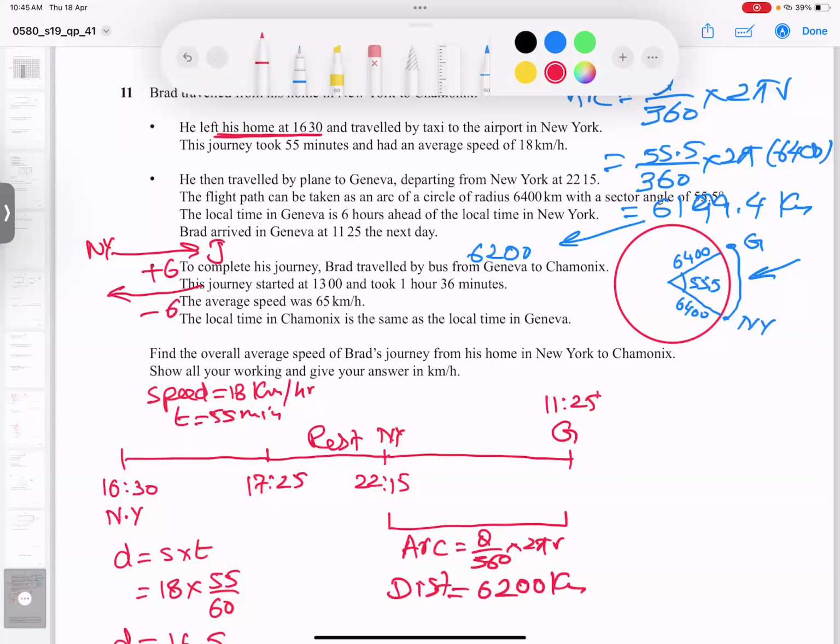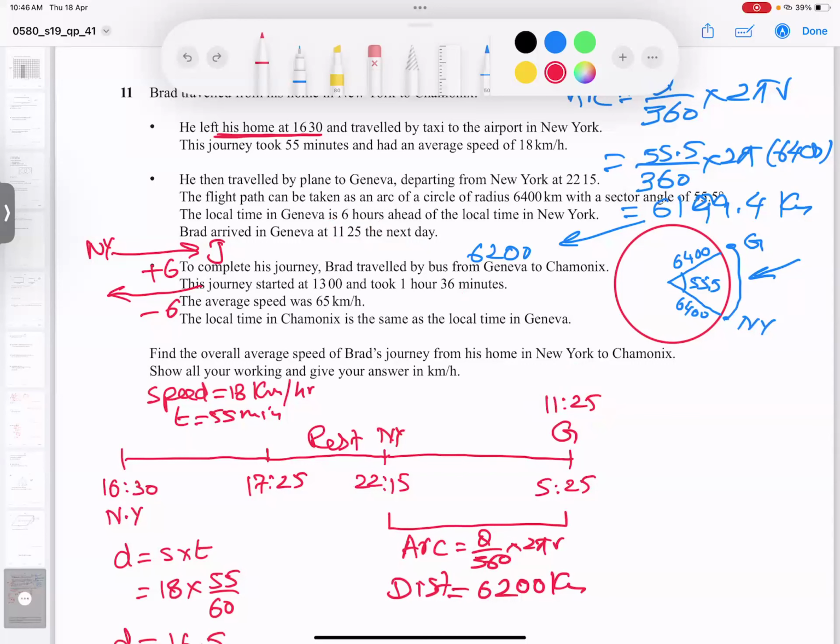So from this time if I subtract 6 hours, I get 5:25. I subtracted 6 because I want to keep in touch with our New York time. I think this is clear. Geneva time is this one arriving, but I subtracted 6, and I got it.